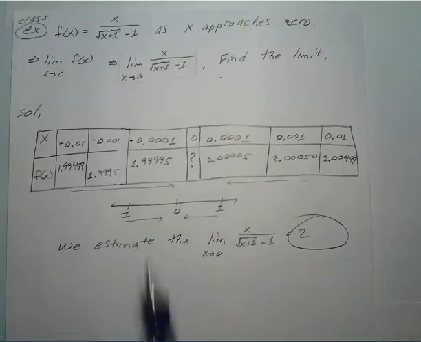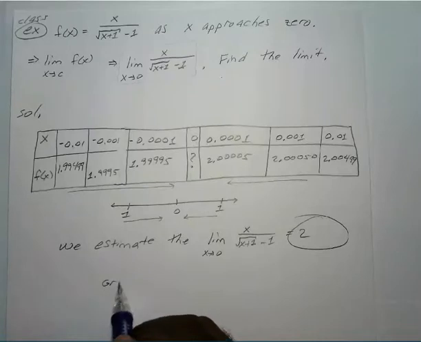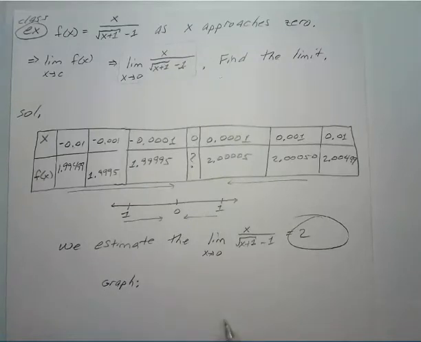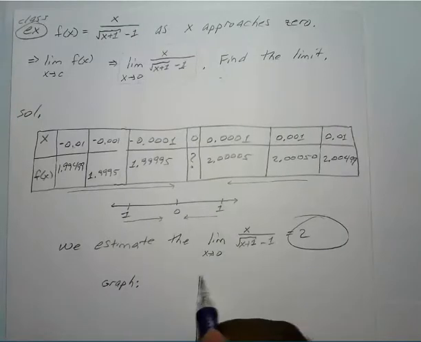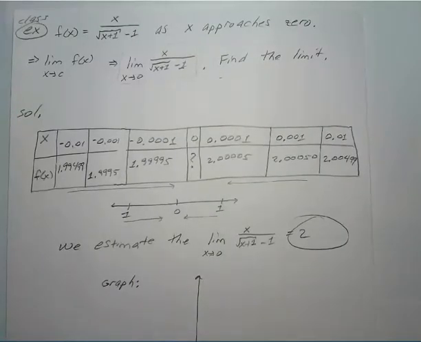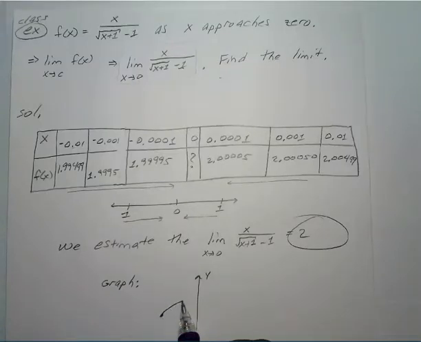Alright, so if you were to graph that one, it would look something like this. So let's say it would go here, and it's going to be an open circle there.